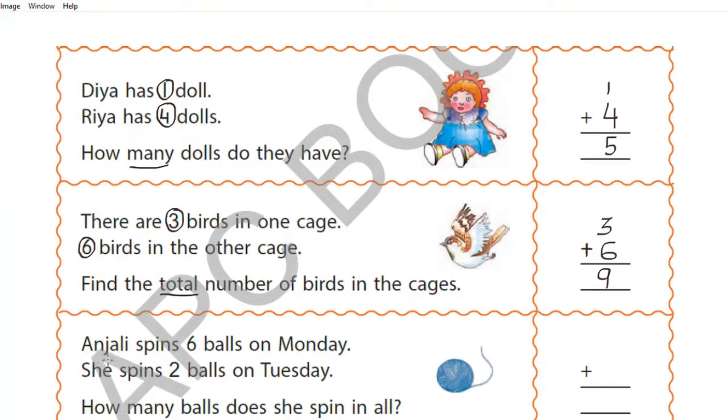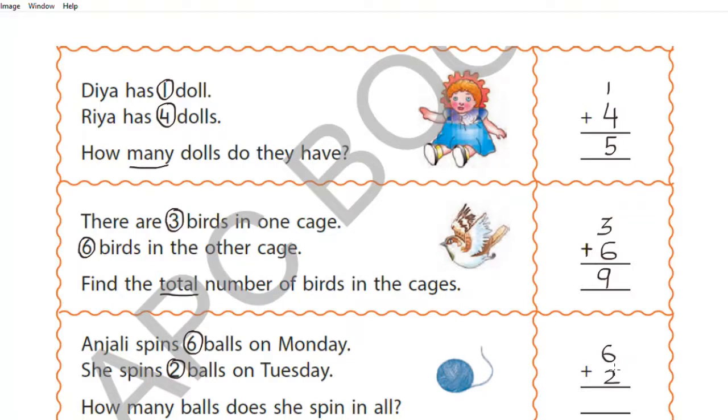Anjali spins 6 balls on Monday. She spins 2 balls on Tuesday. How many balls does she spin in all? First circle the numbers in your word sum. Now write these numbers here. 6 and 2.